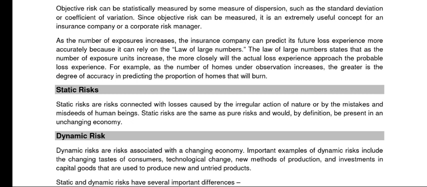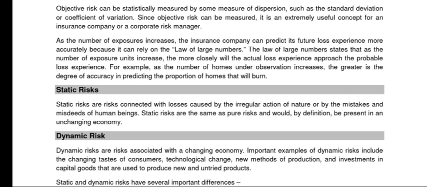Static risk. Static risks are risks connected with losses caused by the irregular action of nature or by the mistakes and misdeeds of human beings. Static risks are the same as pure risks and would, by definition, be present in an unchanging economy. Dynamic risk.